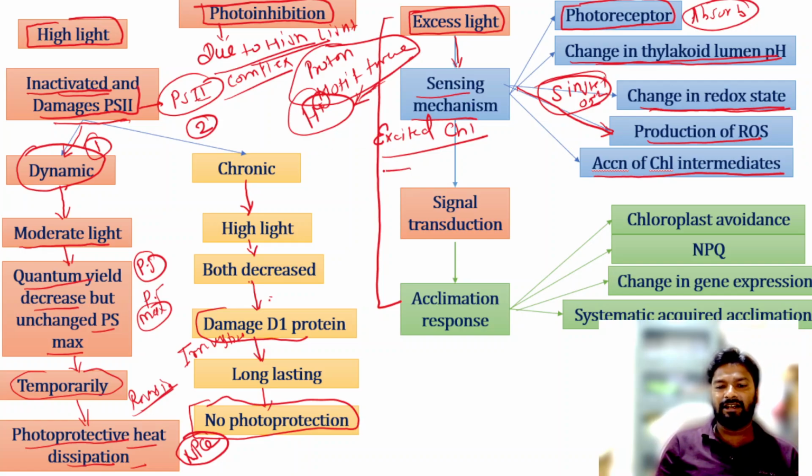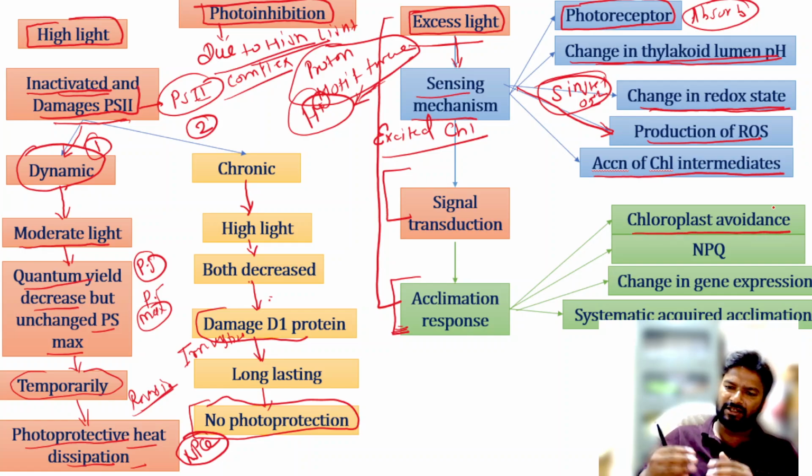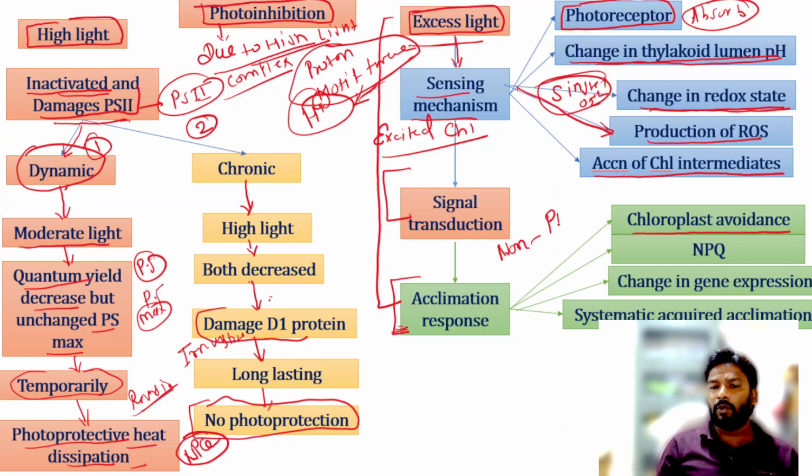Then there is a signal transduction for the high light stress. Then the plant starts the acclimatization response. For this, there are some processes like chloroplast avoidance, then NPQ, that is known as non-photochemical quenching.